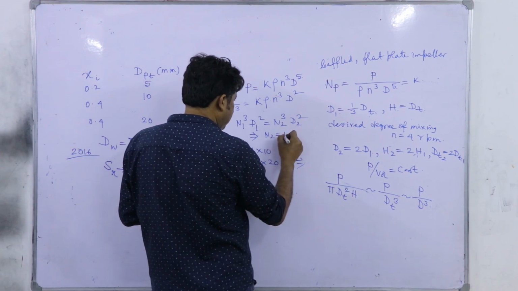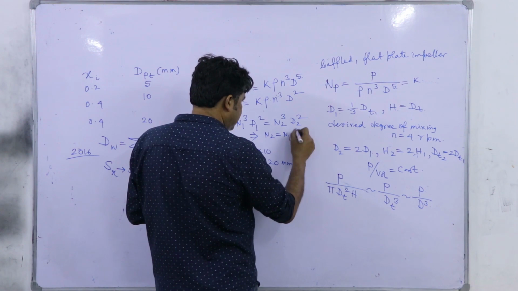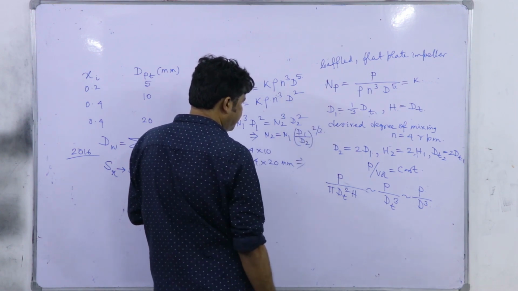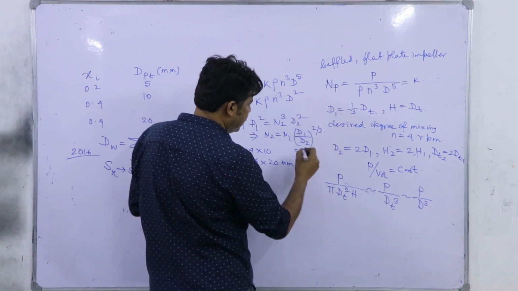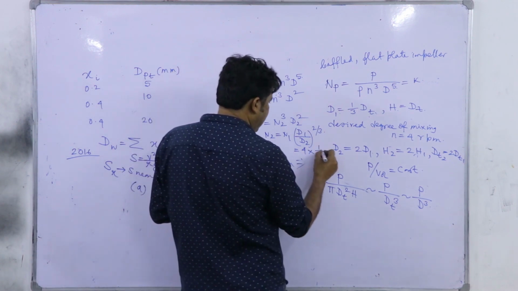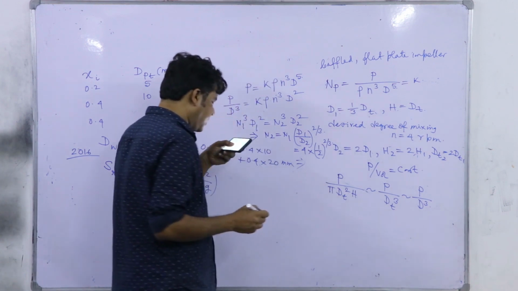N2 is equal to N1 into d1 divided by d2 whole to the power 2 by 3. Right. So N1 is 4 and this is half to the power 2 by 3. So from there we can calculate it out.